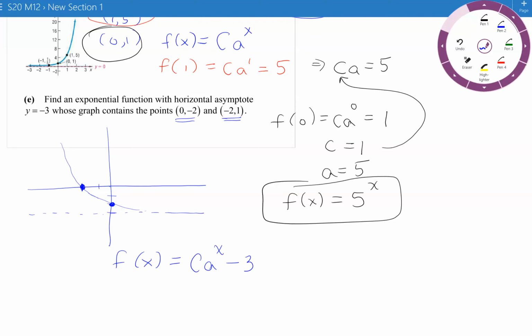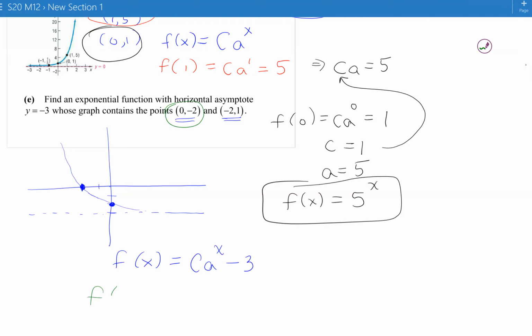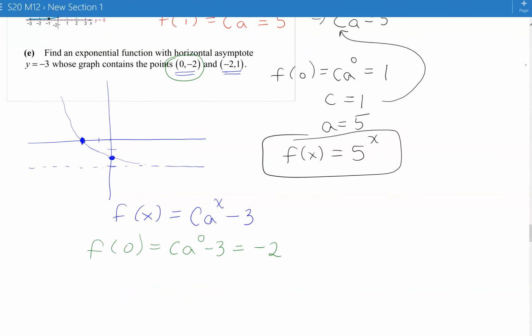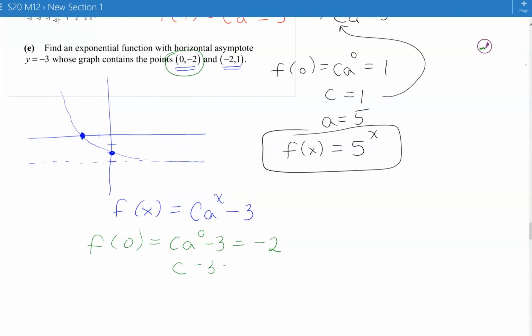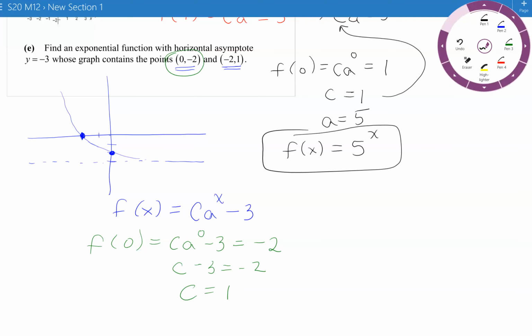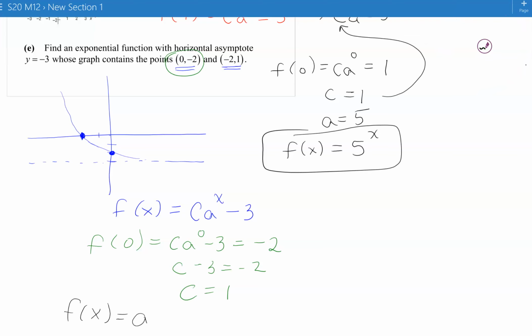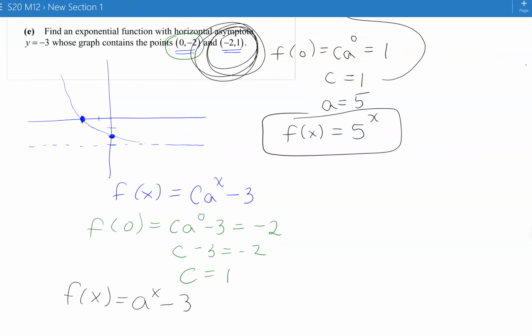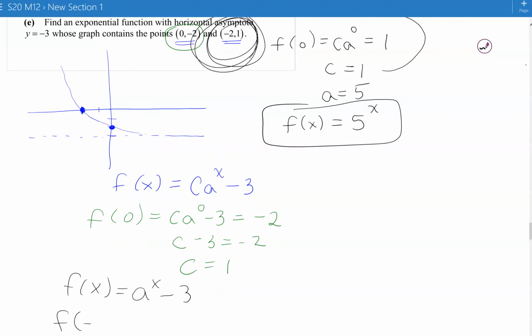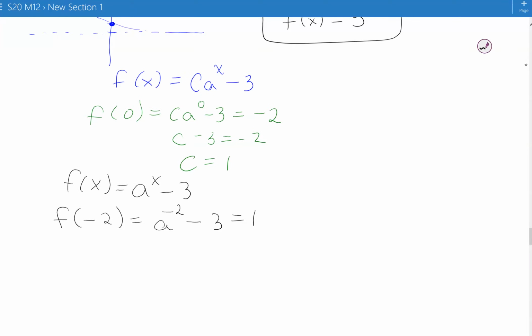Then let's use our information of when x is 0, I know the y value has to be -2. So c minus 3 is -2, so c must be 1. So now I know f of x has to be a to the x minus 3. And let's use our other piece of information that says f of -2 is a to the -2 minus 3, and that has to equal 1.